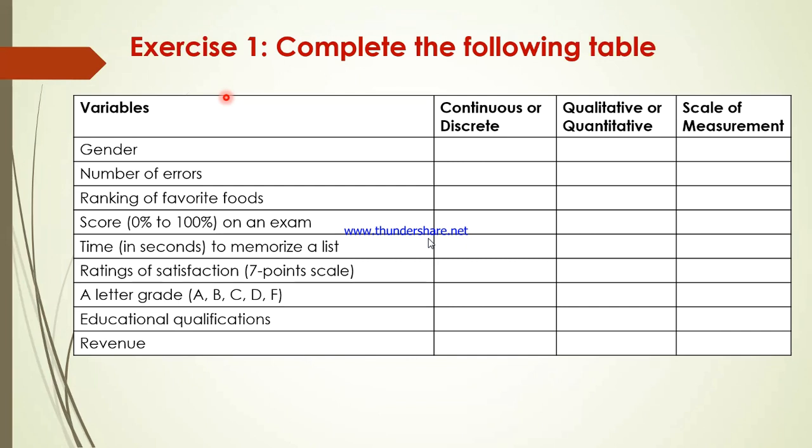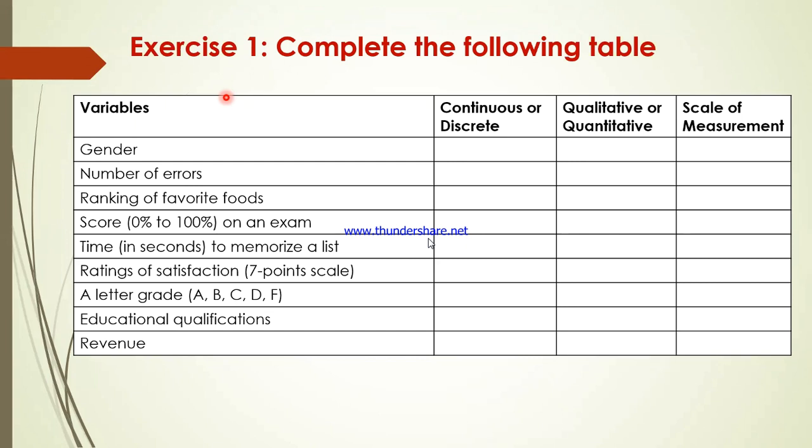Suppose student A got 20% and student B got 60%. Now we can say 20 over 60 is 1 over 3, so one's performance is 3 times better than the other student's. So it is a ratio scale of measurement.